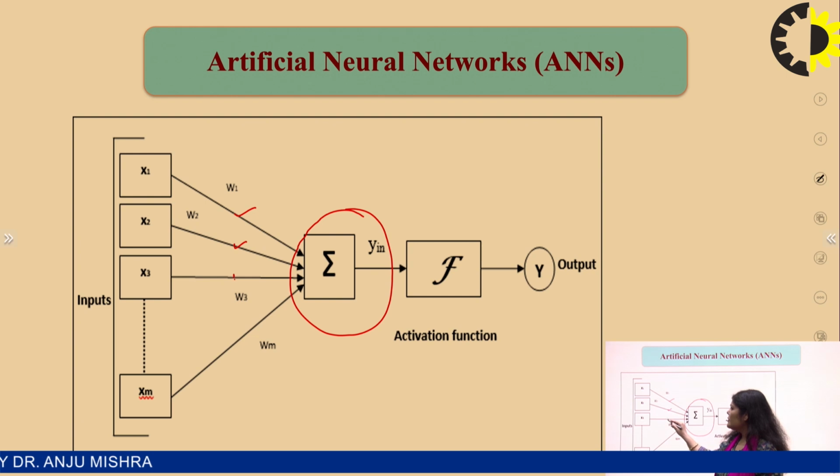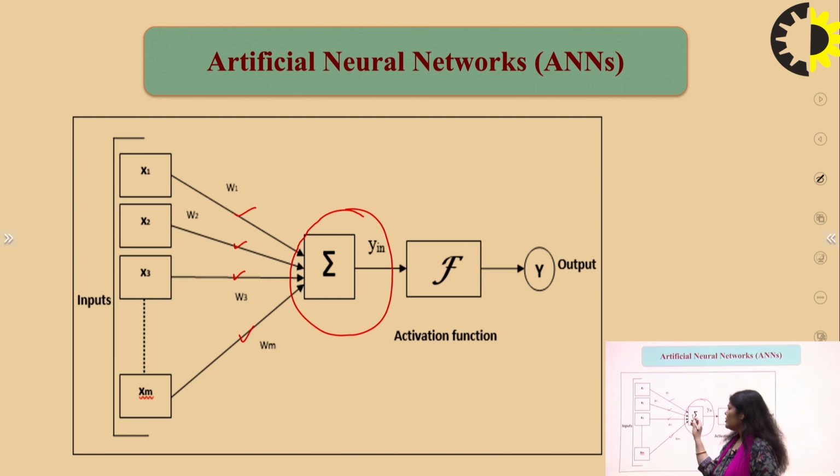So these links, or edges, or directed arrows, are basically connecting the input layer to this summation node, right? And every connection here is going to be associated with a specific weight value. You can see the first connection, which is between the first input value and the summation node.